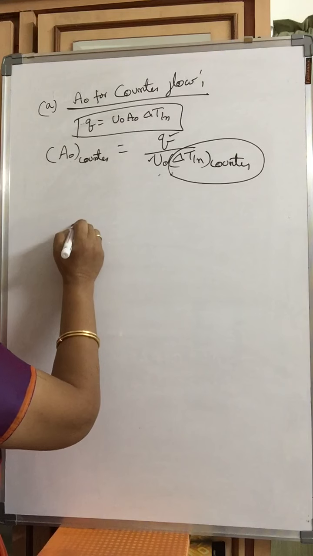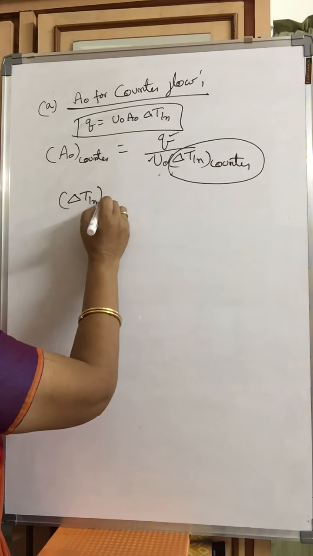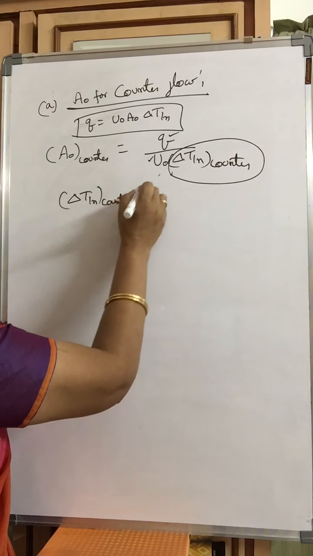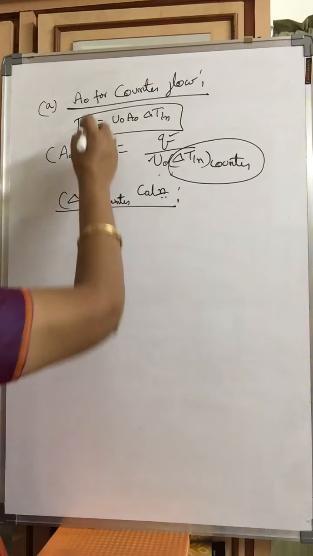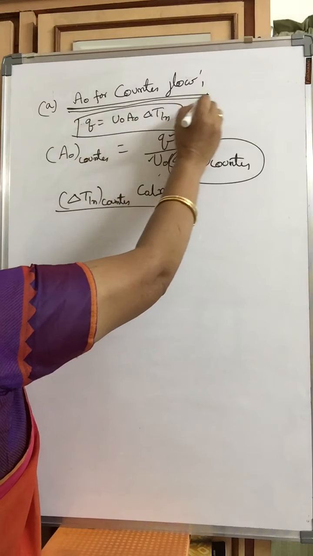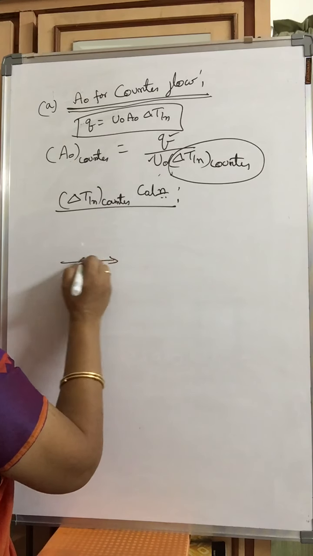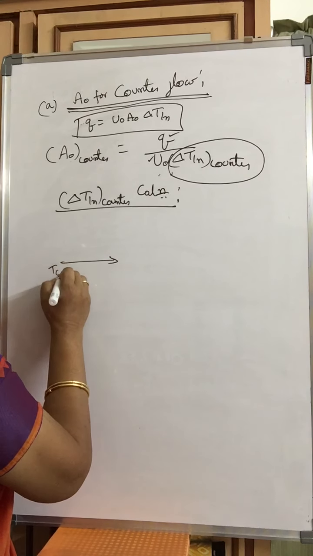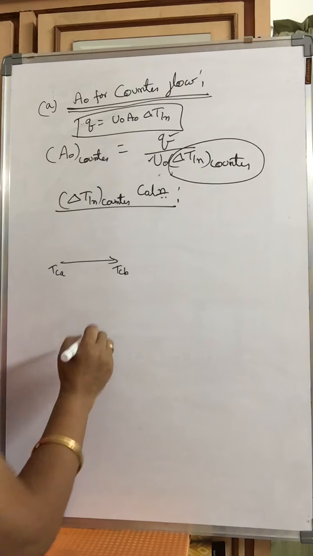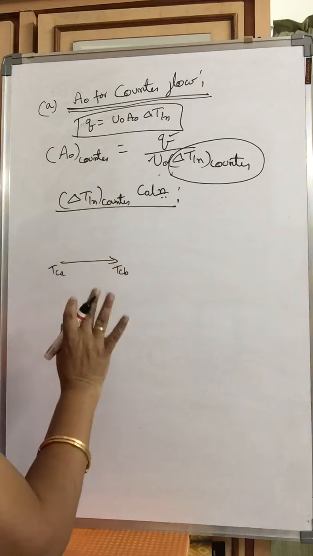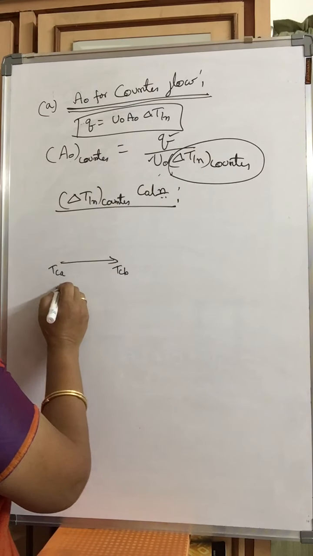Okay. So in order to do that, delta T ln counter calculation. For that you need to write two lines. One is first TCA, the other is TCB. First draw for cold fluid, then you will get it correctly. TCA, TCB. How much is TCA?